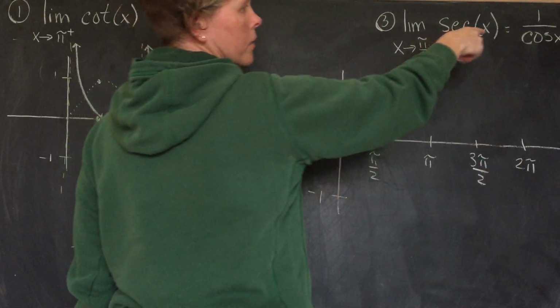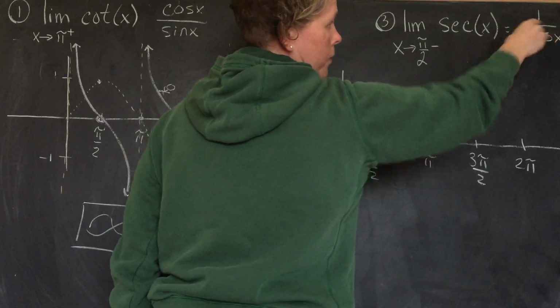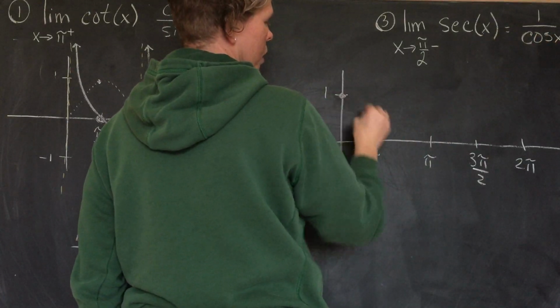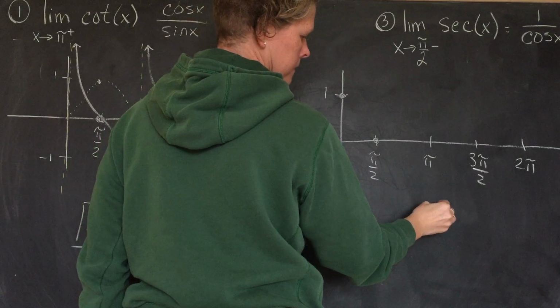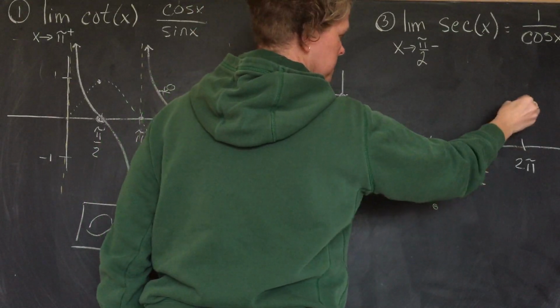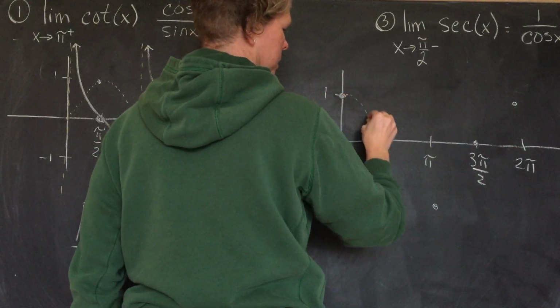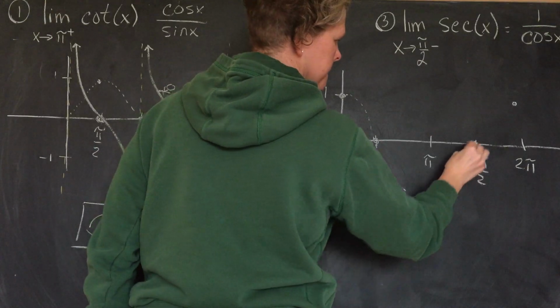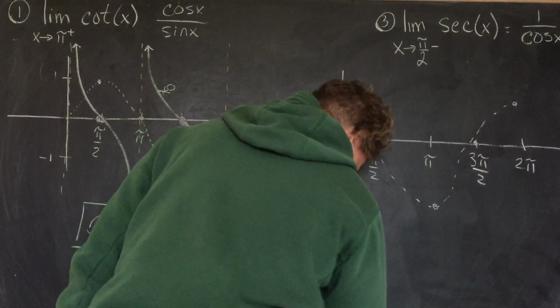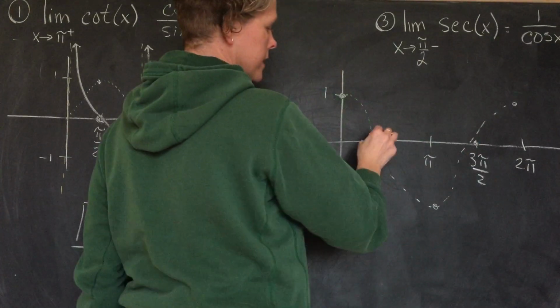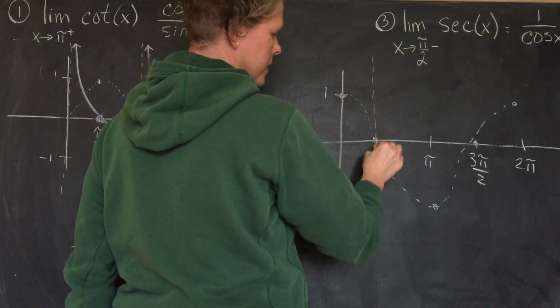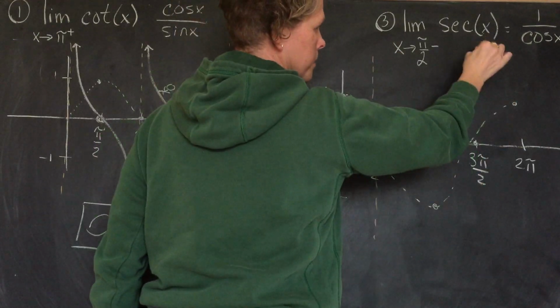This time, though, I'm going to graph cosine because that's going to help me figure out where those asymptotes go. So remember cosine. I put those. The asymptotes then, in this case, are going to be at pi halves and 3 pi halves.